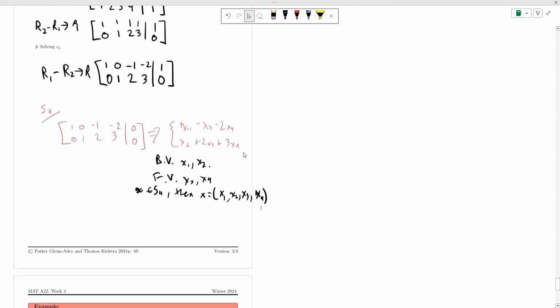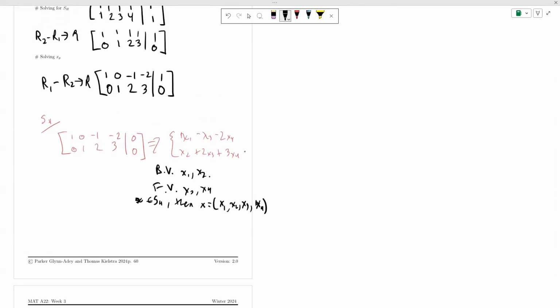What's my first step? My first step is to let my free variables for my homogeneous portion: let x3 equal s, which is an element of my field, and x4 equal t, which is an element of my field. Now, x equals x1, x2, s, t.